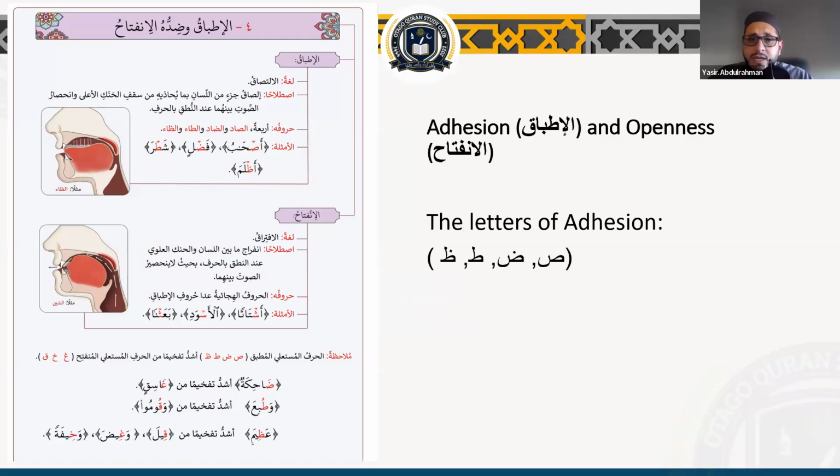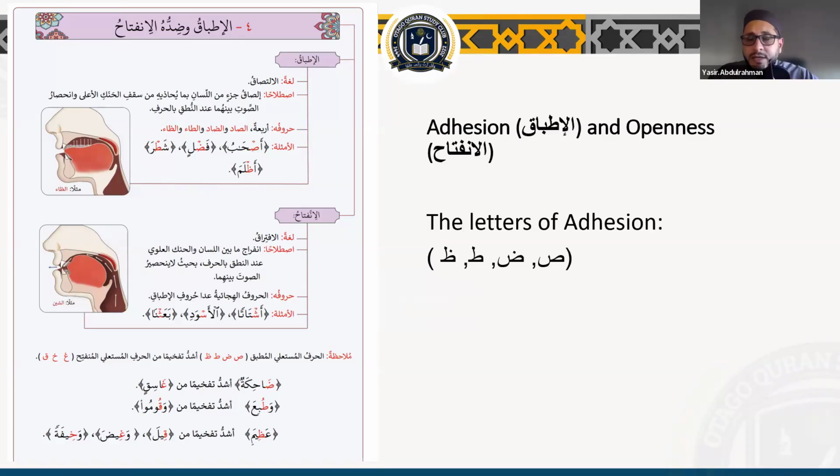And you will notice that these 4 letters are also 4 of the elevated letters, which are khussa, daghtin, qidh. Apart from these 4, we have 3 more letters, the kha, the ghain, and the qaf, which are also elevated, but they are munfatiha, they are opened, which means the sound is not confined between the upper palate and the tongue.